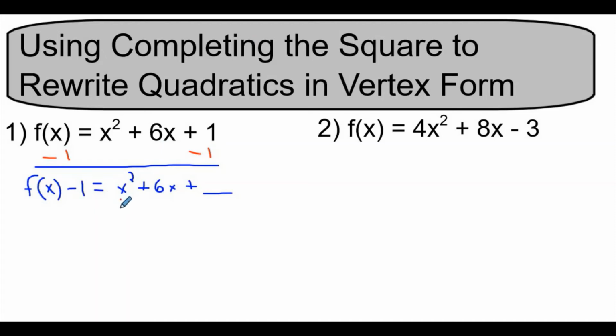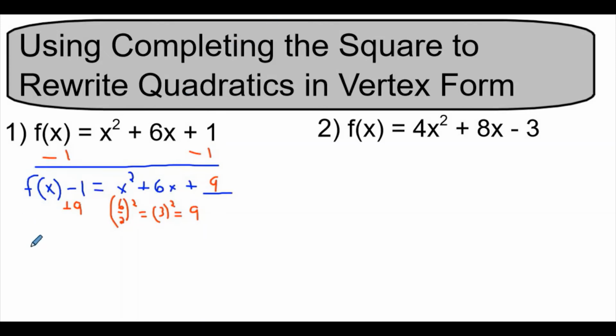We're going to do b over 2, so 6 over 2 squared. And so that would be 3 squared, which would be 9. So we're going to put 9 here. We're also going to add 9 over here to balance the equation, so the algebraic property of equality.